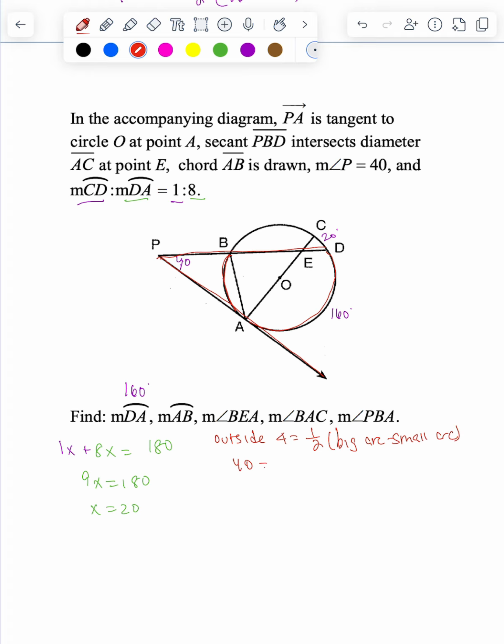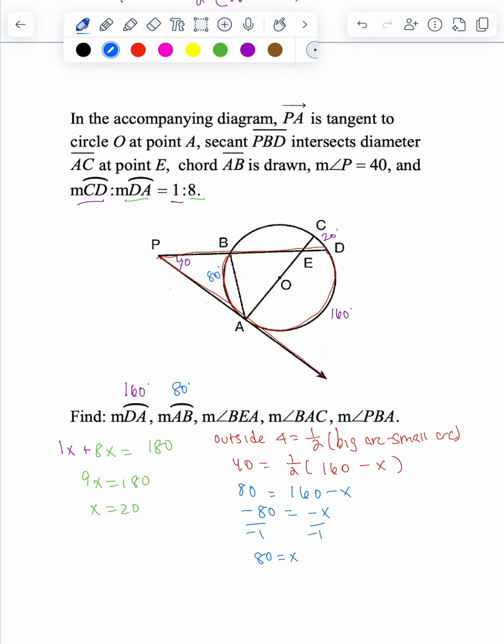So angle P, the 40-degree angle, is the outside angle. And that's half of the big arc, which is 160, minus the small arc, which we're trying to find, which is x. I'm going to multiply both sides by 2 to get rid of the 1/2. So we have 80 is equal to 160 minus x. If I subtract 160 from both sides, I get negative 80 equals negative x. And if I divide both sides by -1, I have 80 is equal to x. So this arc is 80 degrees.